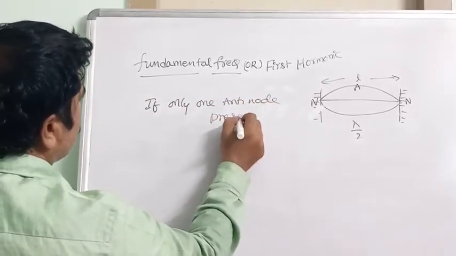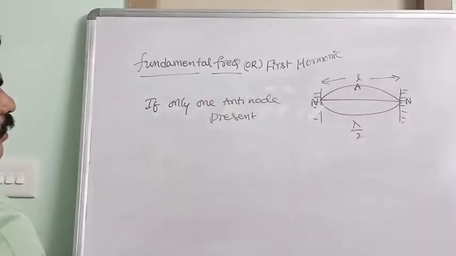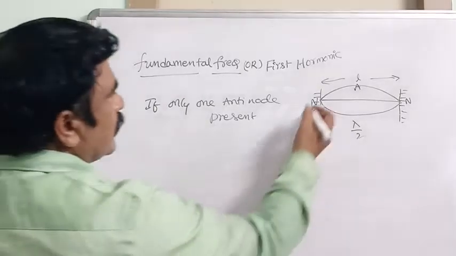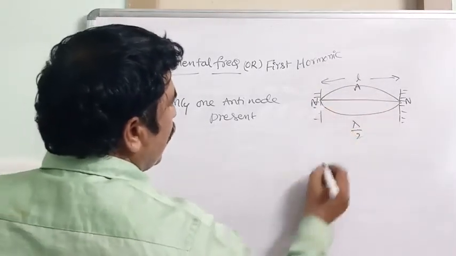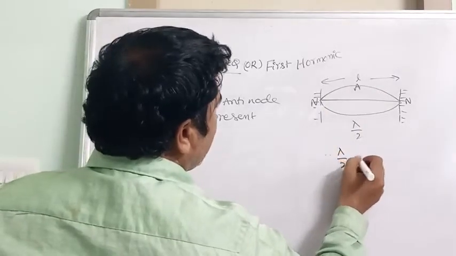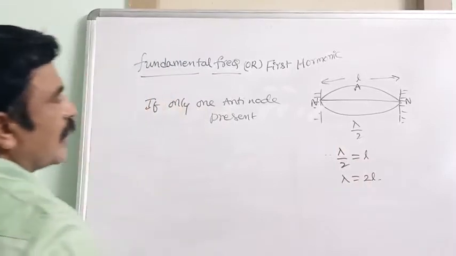The string length is L and one loop is forming, therefore lambda by 2 equals L, so lambda is 2L.